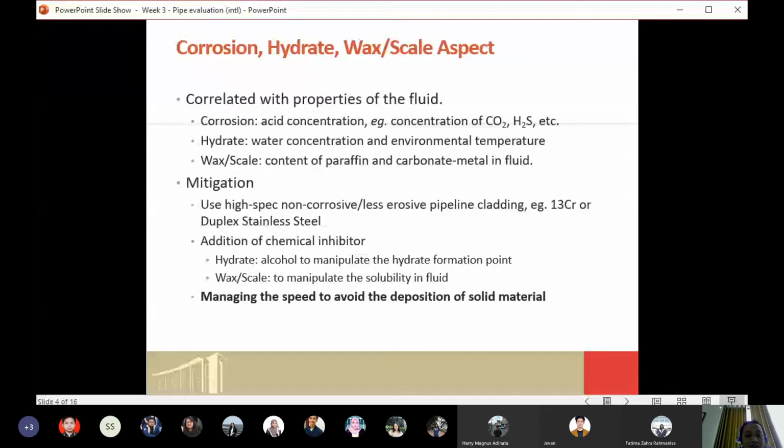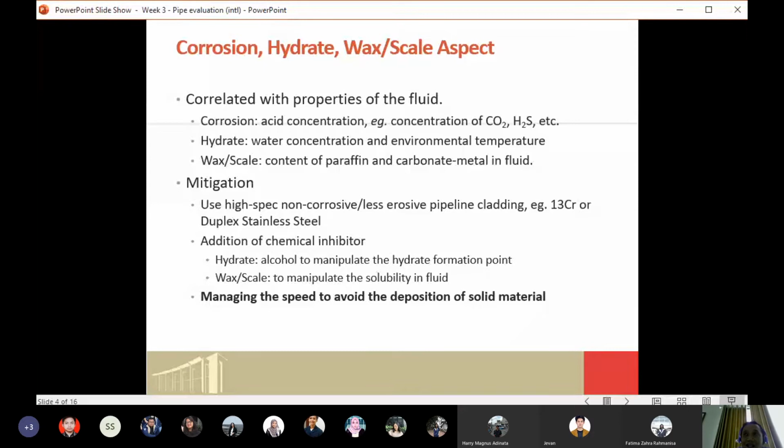And then for the wax and scale, we manipulate the solubility of the fluid. How do we manipulate the solubility? We can play with higher temperature. When we make the temperature higher, the solubility will increase.